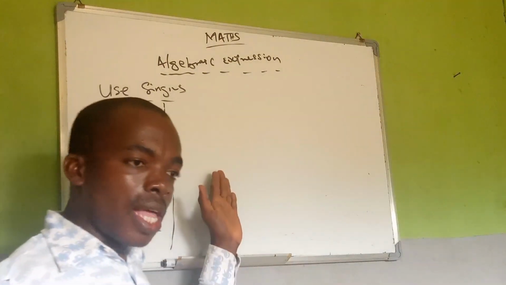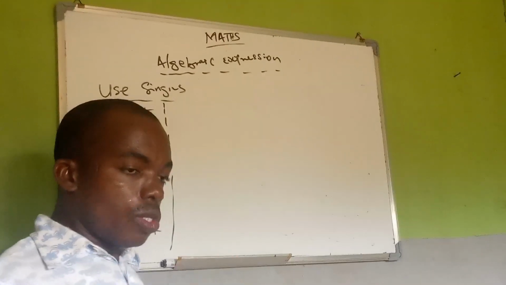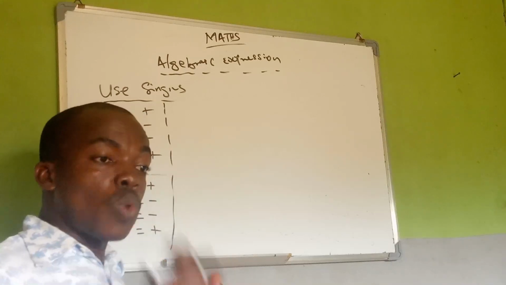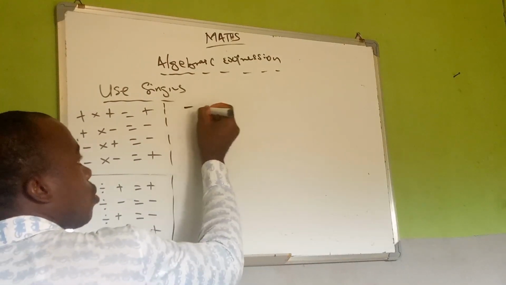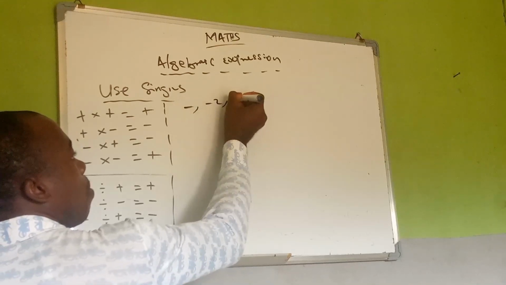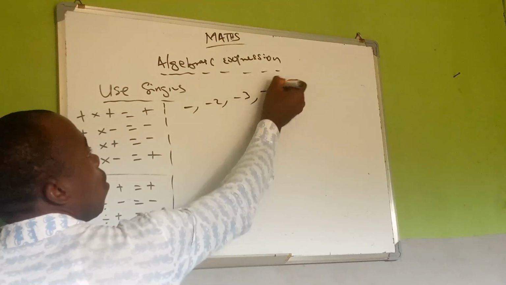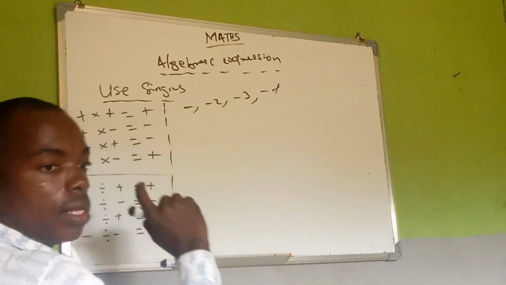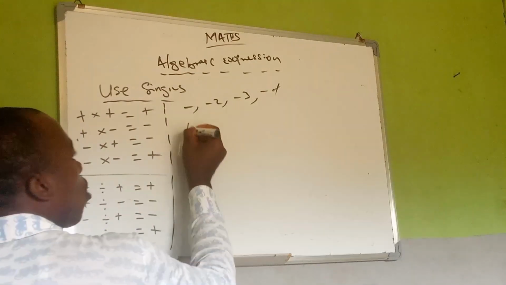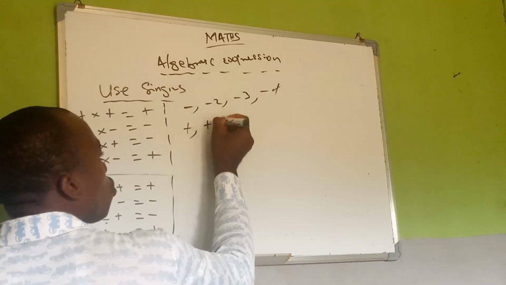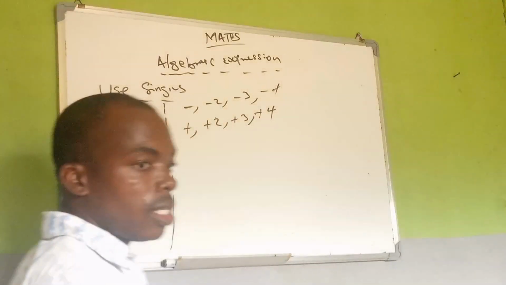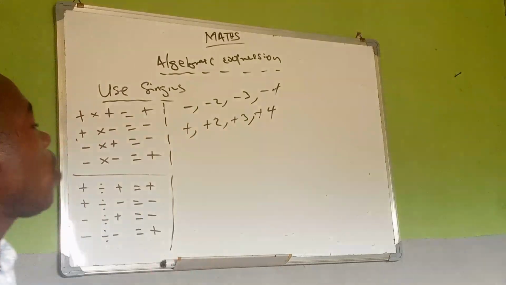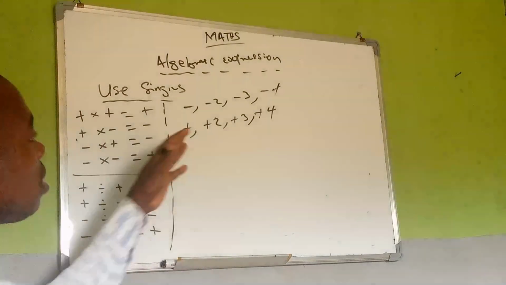We cannot write minus and say it's -2. So we have -2, -3, and -4, and minus alone means -1. The same goes for +1, +2, +3, +4. So let's look at how these are applied.